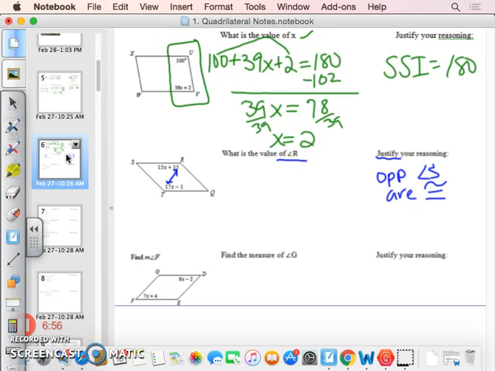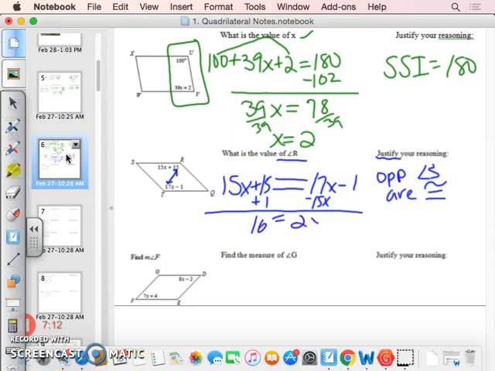So I'm going to set these two equal to each other because they're congruent to each other. So I'm going to add 1 and subtract 15x on the side. So I get 16 equals 2x. So I know my value of x is 8. But now I got to go ahead and plug it in to this equation. And so I'm just going to do angle R equals 15 times 8 plus 15.